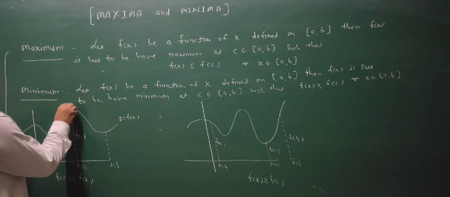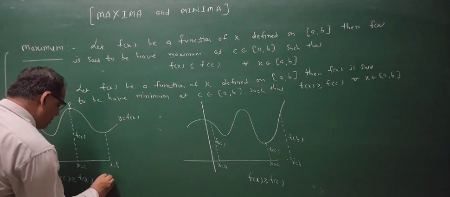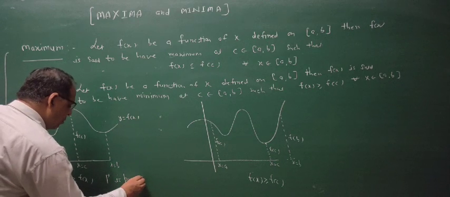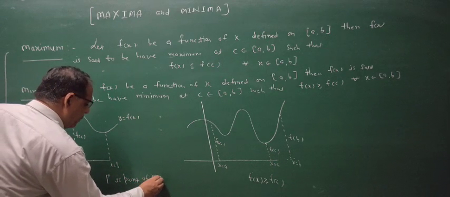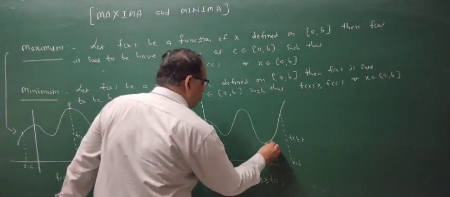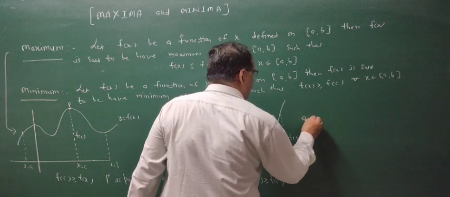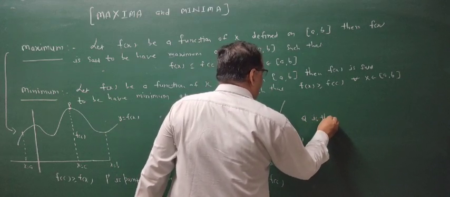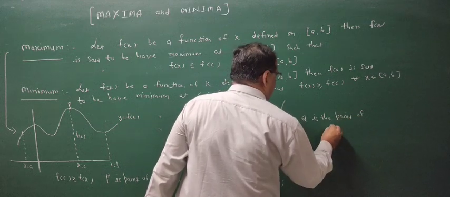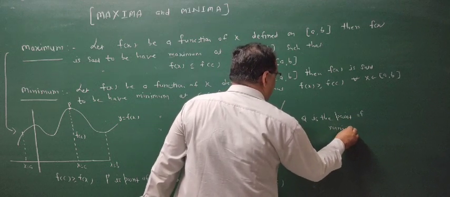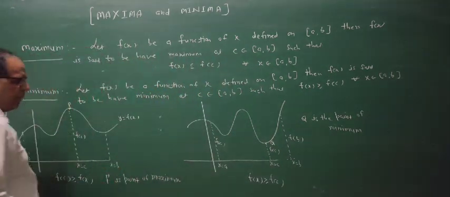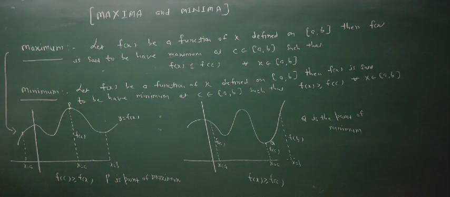P is the point of maximum, and similarly here this point Q is the point of minimum. So this is the graphical approach for the maximum and minimum.